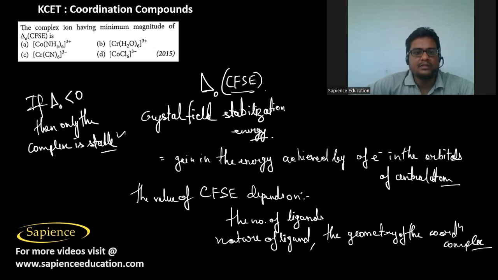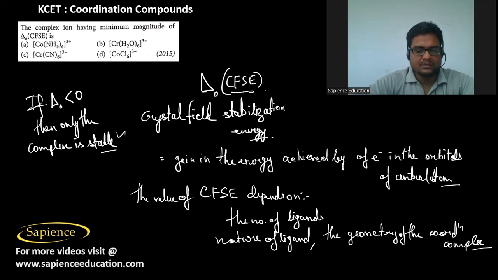So it means the complex ion having minimum magnitude of CFSE, it means which is the most stable complex, that will have the minimum value of stabilization energy. So here we have to find out which one is the most stable coordination complex.